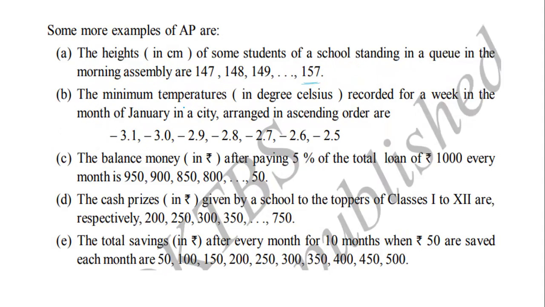Next, the minimum temperatures in degrees Celsius recorded for a week in the month of January in a city, arranged in ascending order. These are all APs.